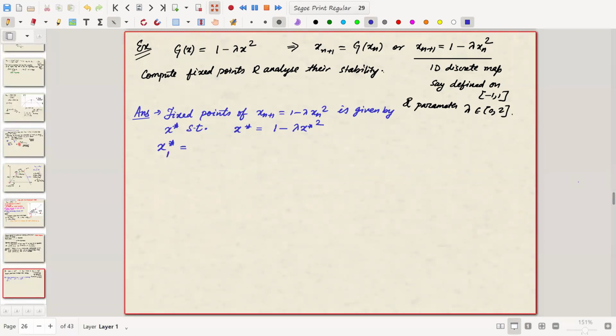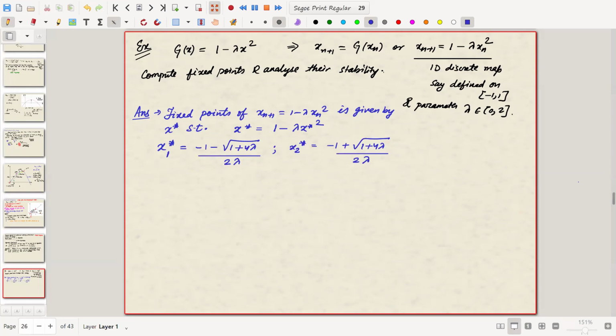So x1 star will be minus 1 minus root over 1 plus 4 lambda, divided by 2 lambda, right? Yes. Everyone okay with this? And x2 star is minus 1 plus root over 1 plus 4 lambda, divided by 2 lambda. These are the two fixed points.